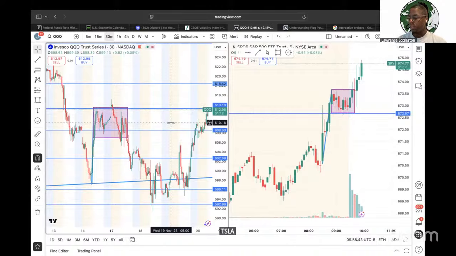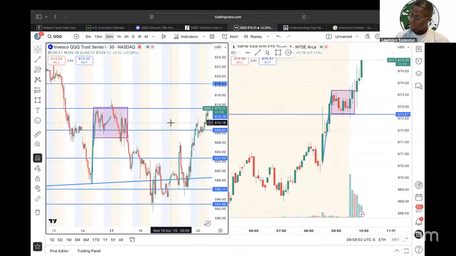TSLA, Tesla. 1 second. Right. So right there at 613.